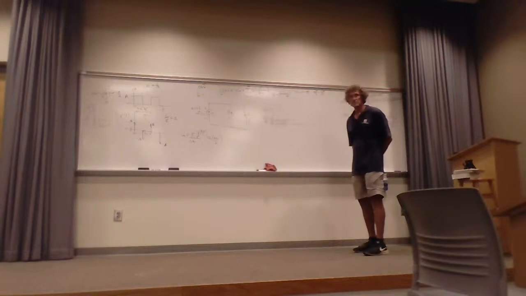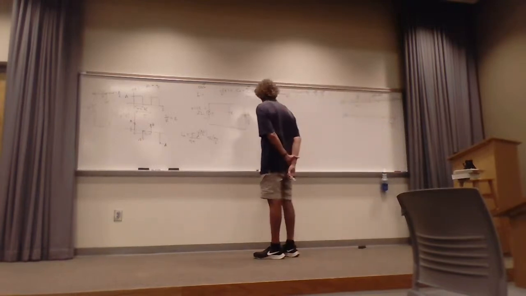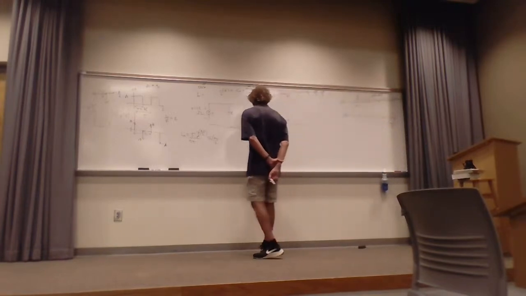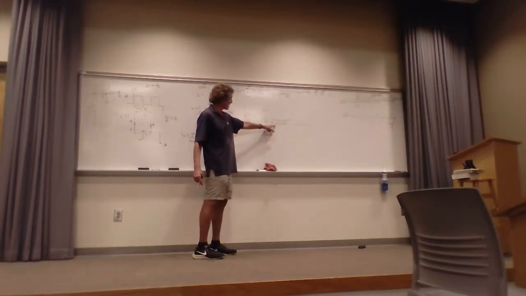What do you guys think? I think it's 0.5. 10 over pi is about 3, and that's divided by, what'd you get?